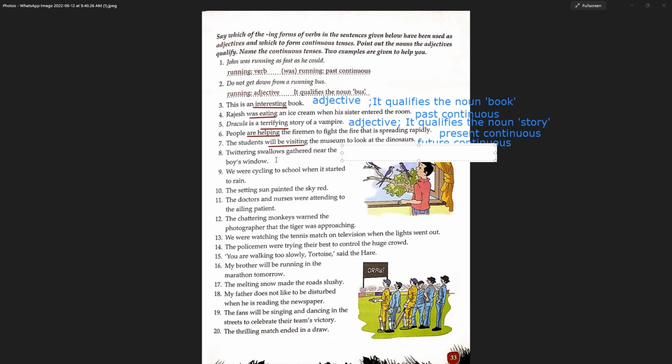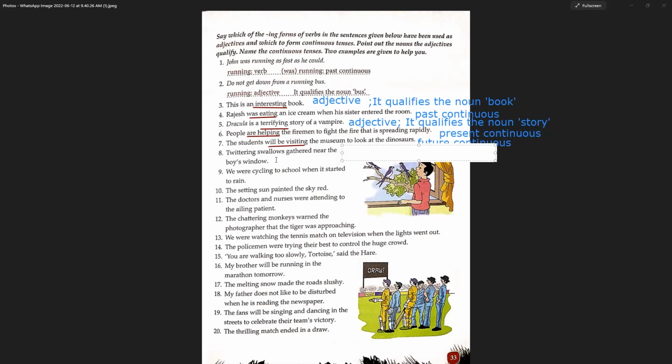Shamas, can you do number 8? Twittering swallows gathered near the boy's window.